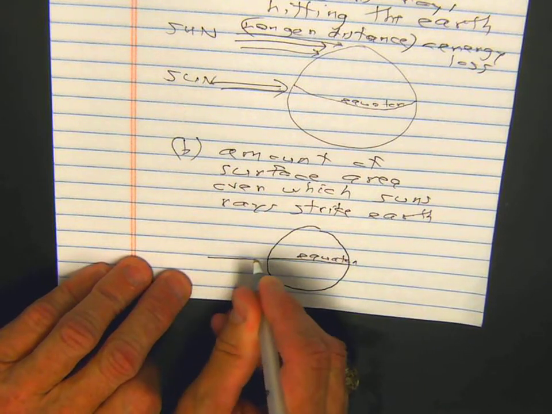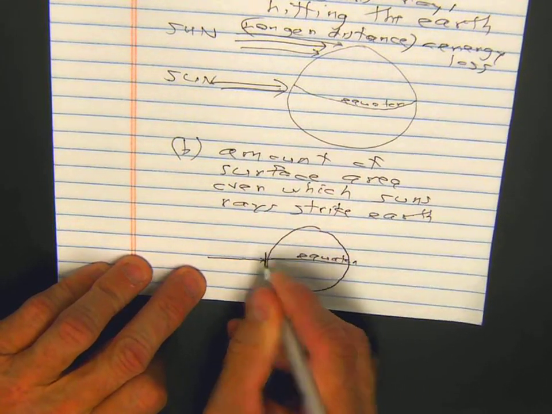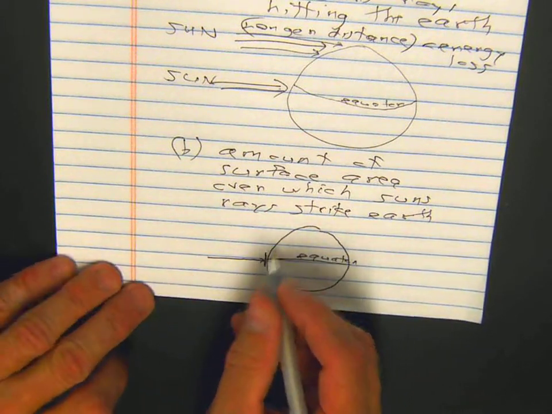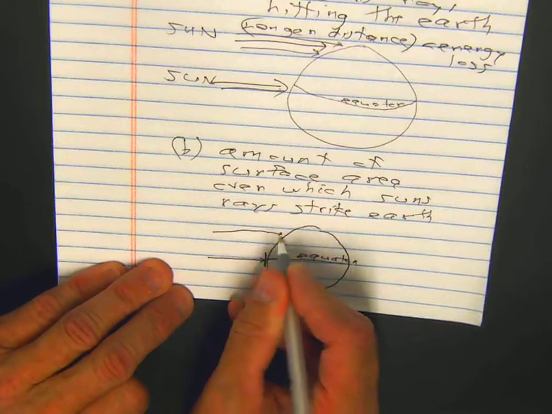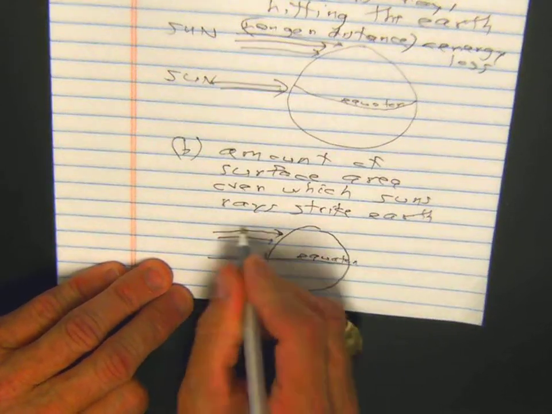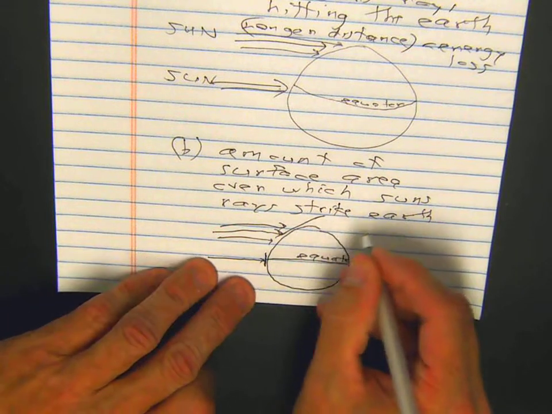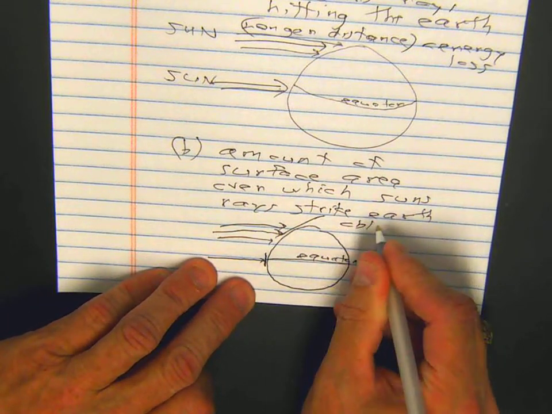The sun's rays are coming in like this, almost at a perpendicular angle. Whereas the sun's rays up here are more of an oblique angle. So the angle is more oblique.